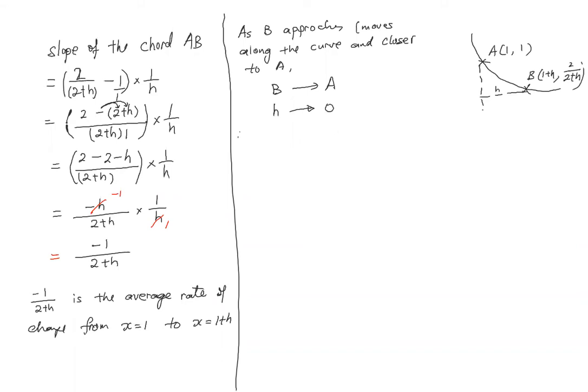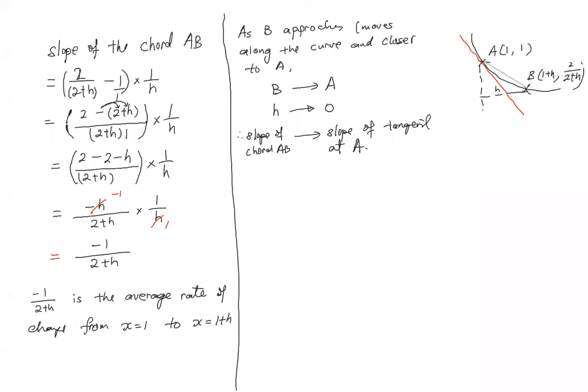Therefore, the slope of chord AB will approach the slope of the tangent to the curve at A. When I say tangent, I mean a line that touches A. Now if I draw many green lines here, the first B is here.